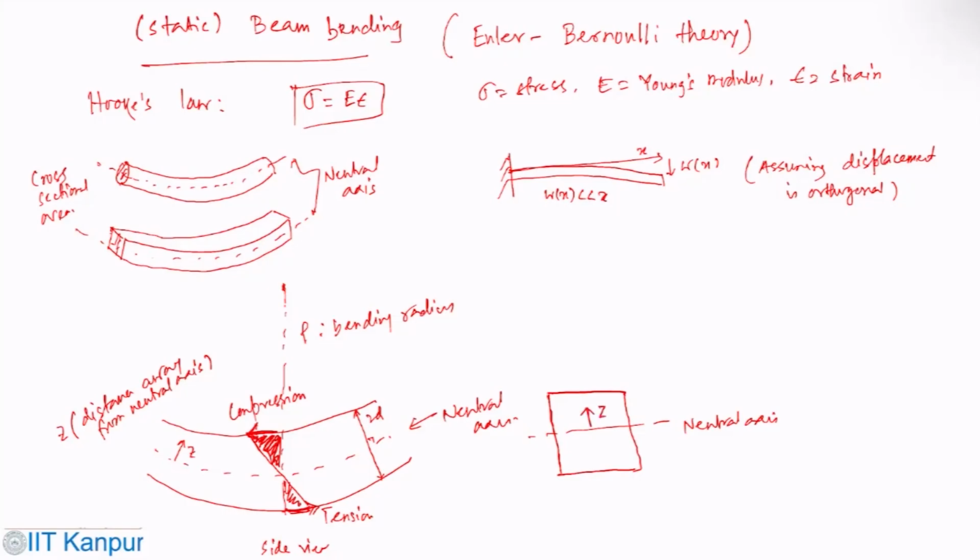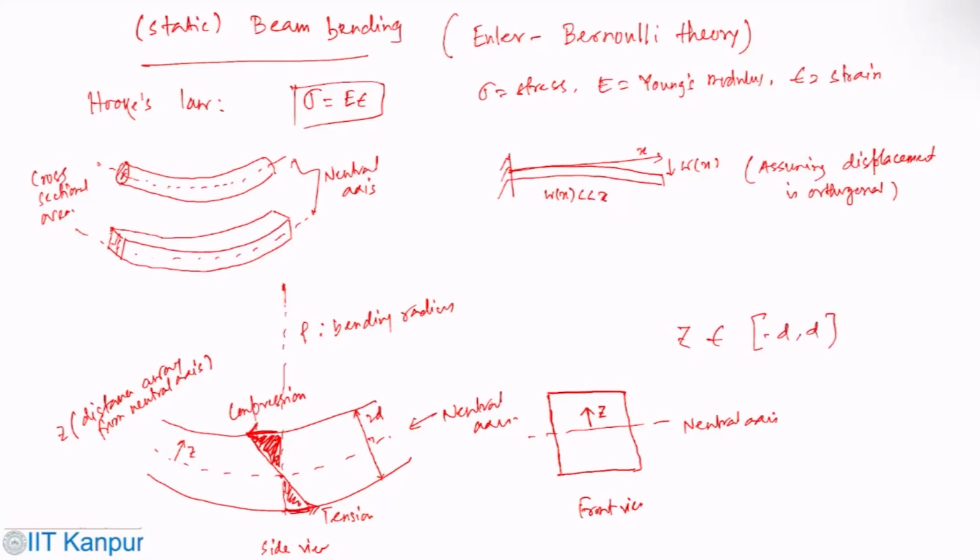This is my Z variation. This could be the front view. So this is how, obviously, Z here goes from minus D/2 to plus D/2.